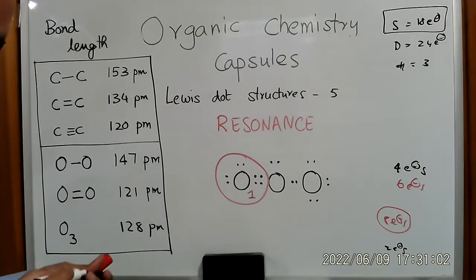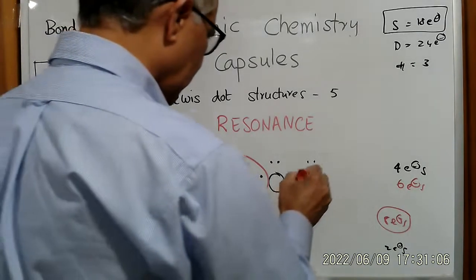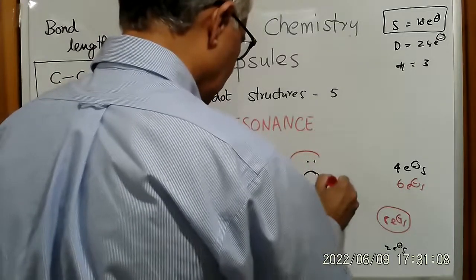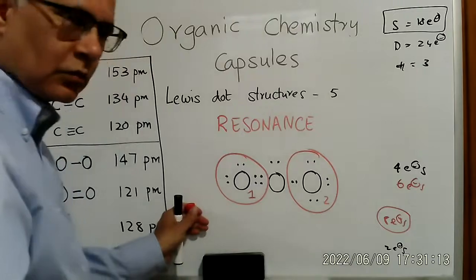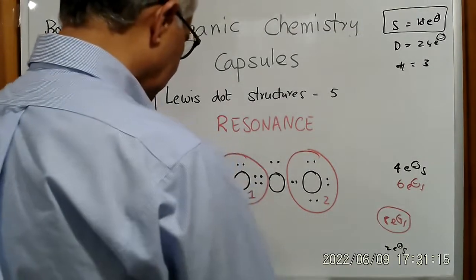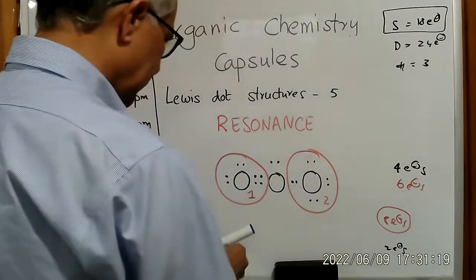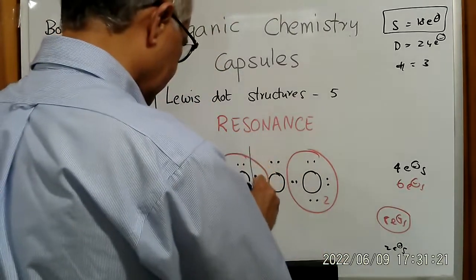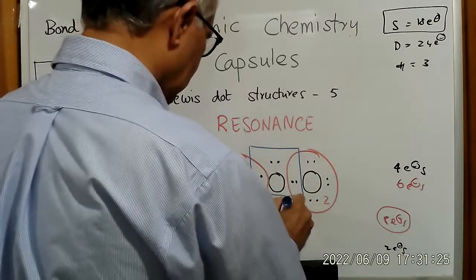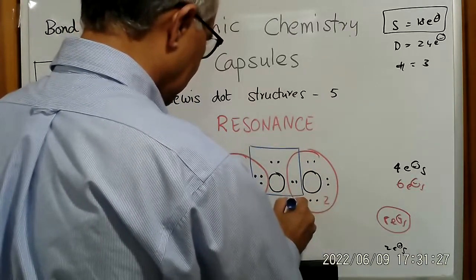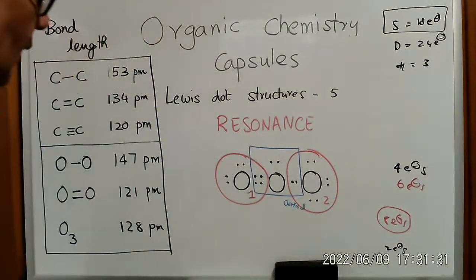Okay. So you'll see each oxygen atom, this one has an octet. Let's call this oxygen 2. And then the central oxygen atom also has an octet. Let's call it the central oxygen atom. Okay.